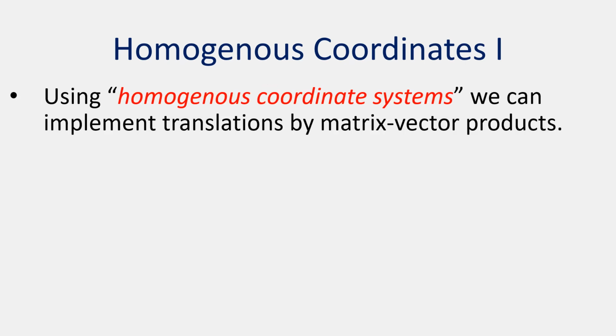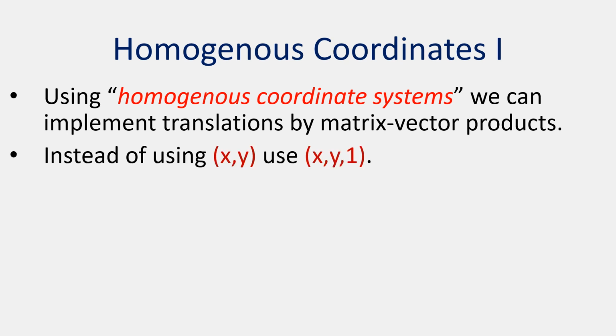So how do we get around this problem? We use a technique which is called homogeneous coordinates. With homogeneous coordinate systems, we can implement 2-dimensional translation as a matrix vector product. We can implement 3-dimensional translation as a matrix vector product. But we do that using 3x3 matrices to implement 2-dimensional translations.